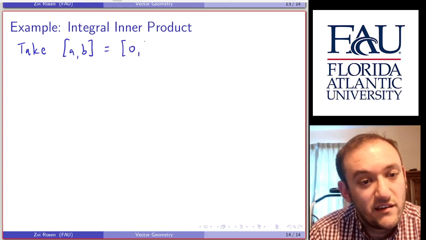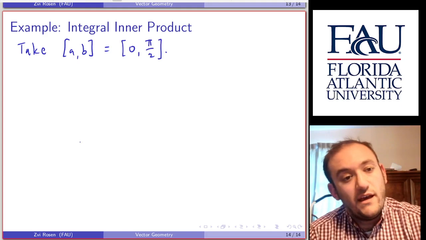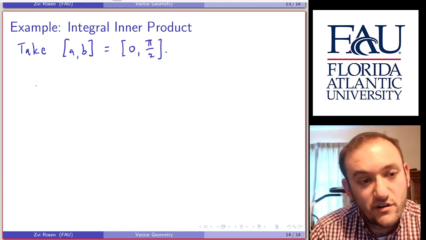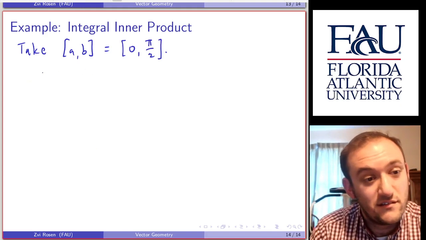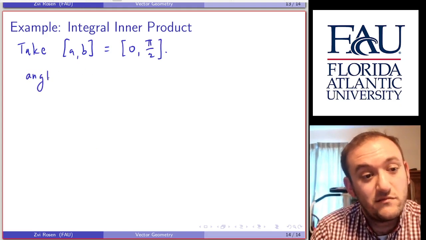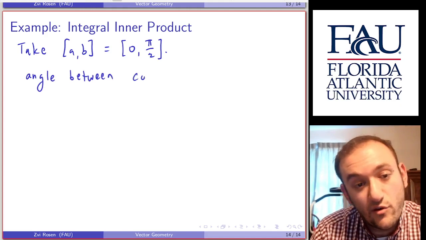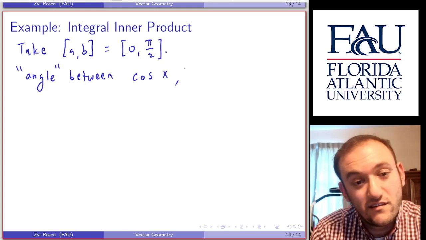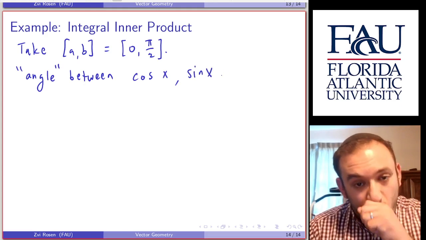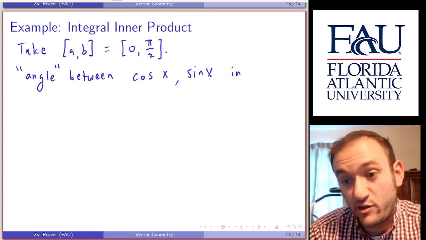We'll make it 0 to pi over 2. And we want to measure the quote-unquote angle between cosine of x and sine of x in this inner product space.